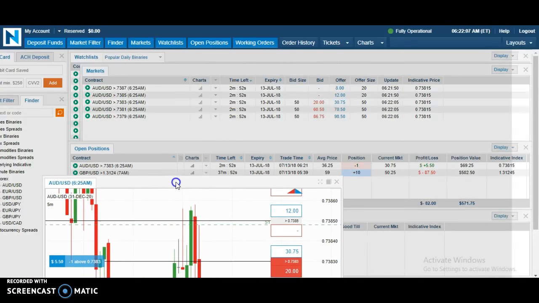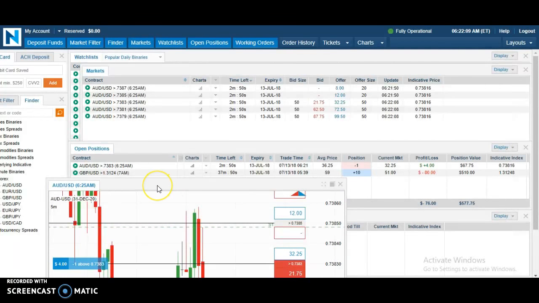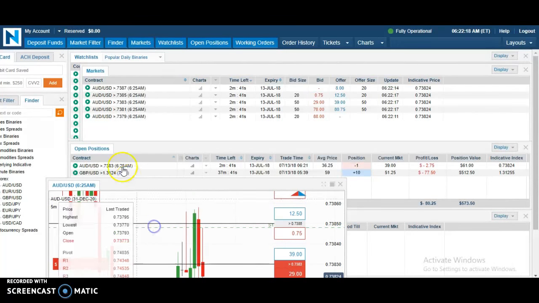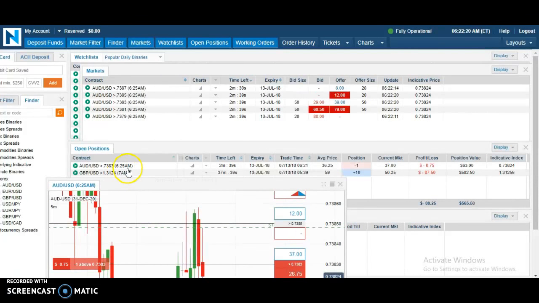Well guys, the market set up itself in the Australian dollar versus US dollar, so I took a trade right now at 6:25 AM expiry. This is a 5-minute contract, so I need the market to be below 0.7383.